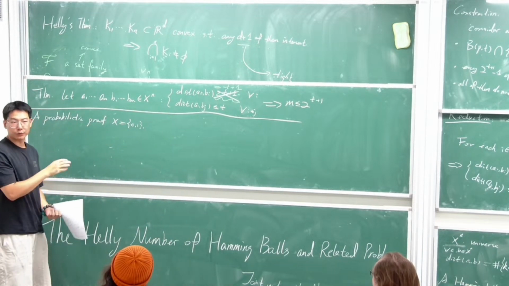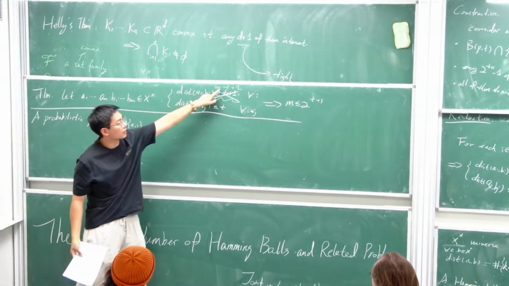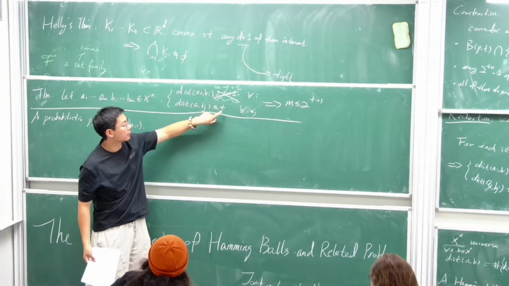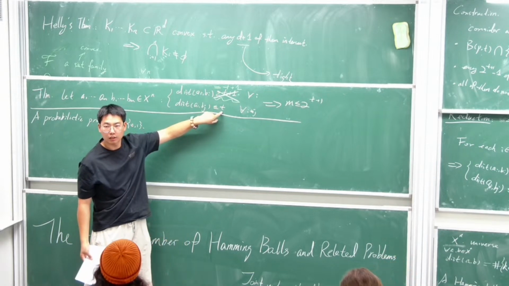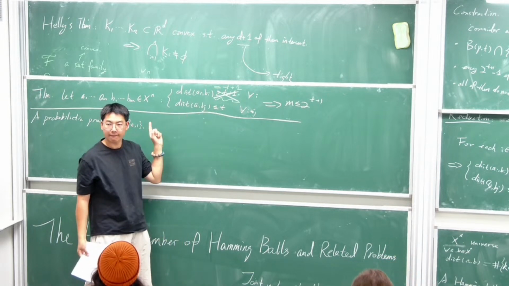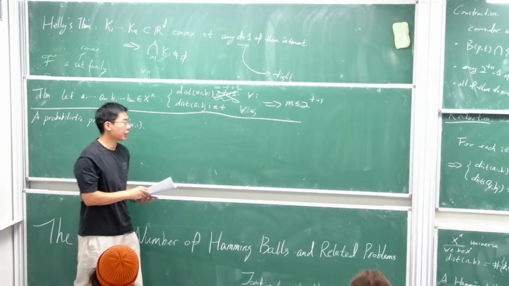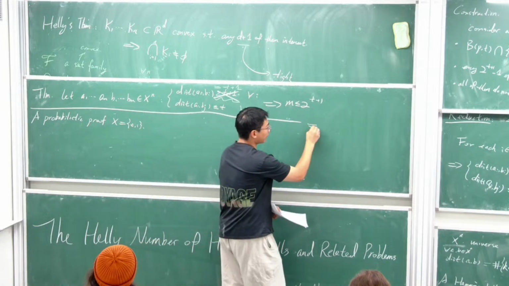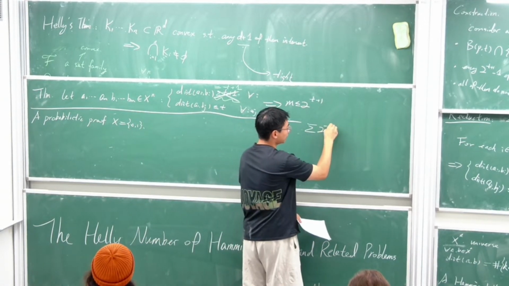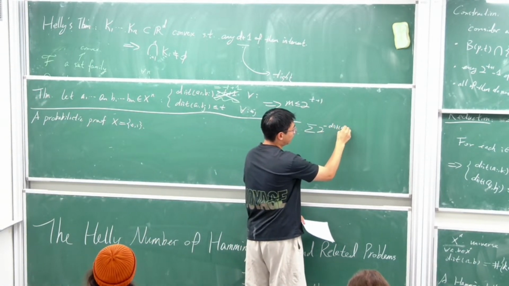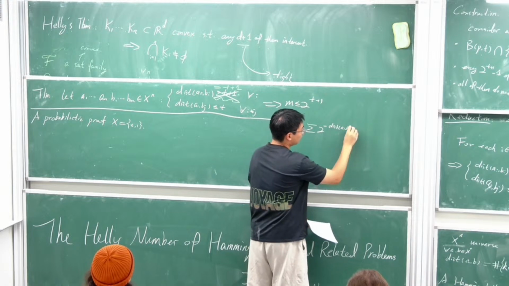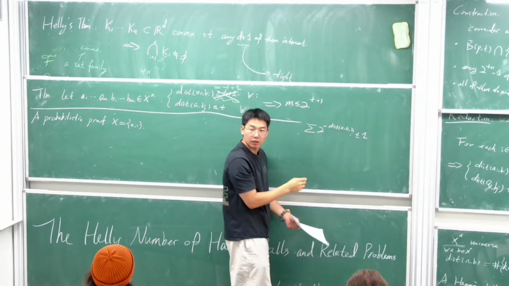I'm always working with the case where this is equal to t plus 1, and this is at most t. Is it clear? Because you can check later, the final bound you will get by whatever I was saying is that the summation of 2 to the minus distance between AI and BI is at most 1.